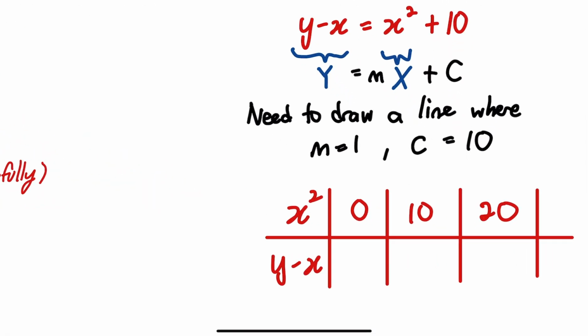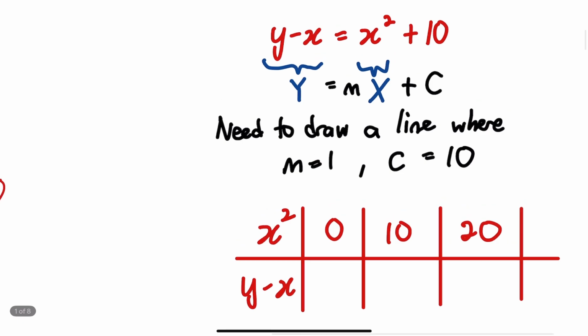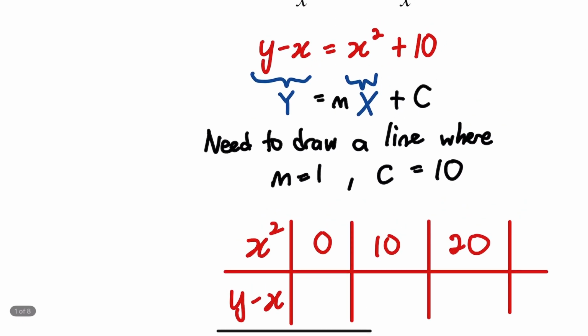So over here, based on this graph here, when x squared is 0, y minus x is simply 10. Okay, which is your vertical intercept. When x squared here is 10, y minus x is 10 plus 10, which is 20. When x squared is 20, y minus x is 20 plus 10, which is 30.